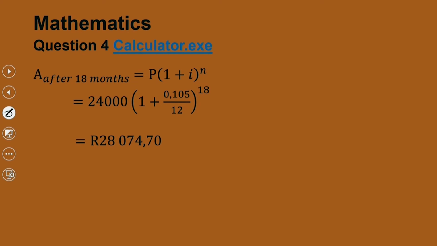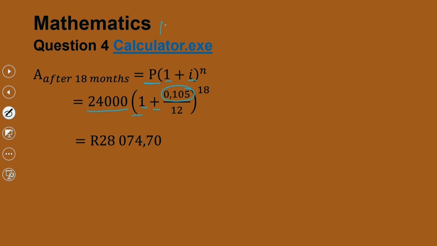I want you to pay attention, very important. What you can do, first of all, is put into the formula that we are using, which is the compound formula, A will be equal to 24,000, then open bracket, 1 plus I. We know I is 10.5%, therefore it can be written as 0.105.